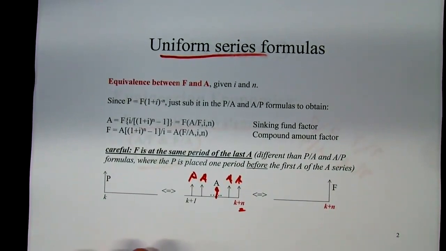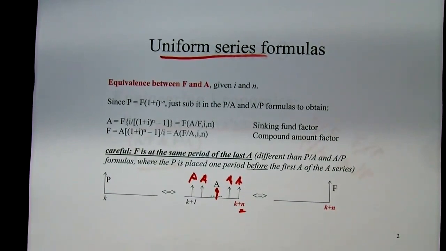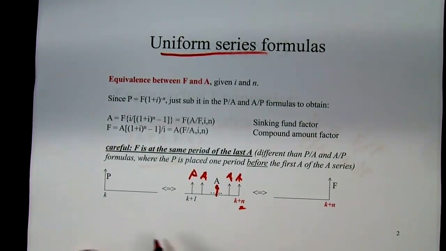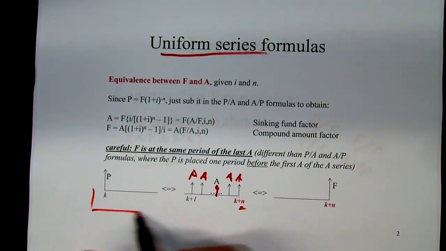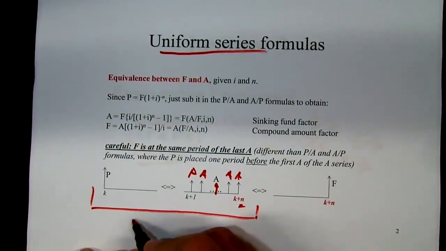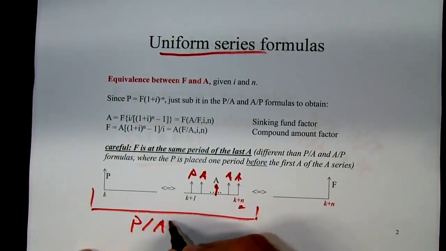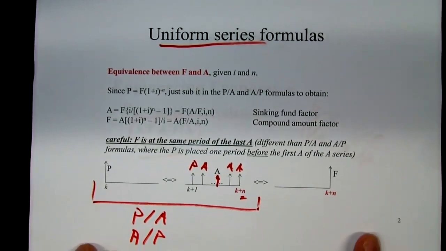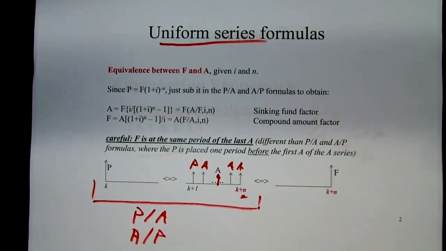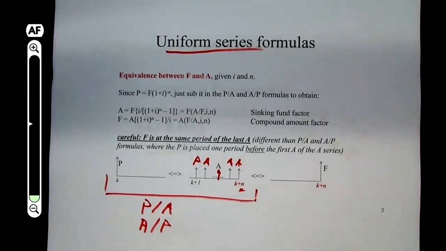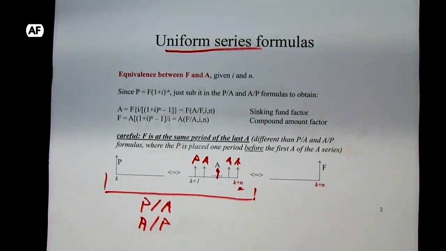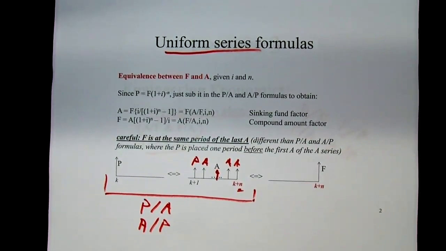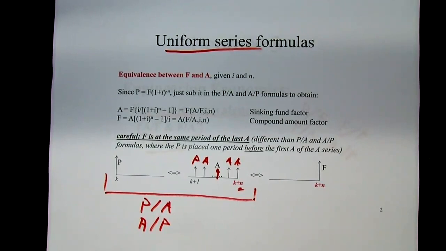What we defined last week were the formulas for P given A and A given P, which are really useful when you are dealing with mortgages or any kind of loan repayment schedule.